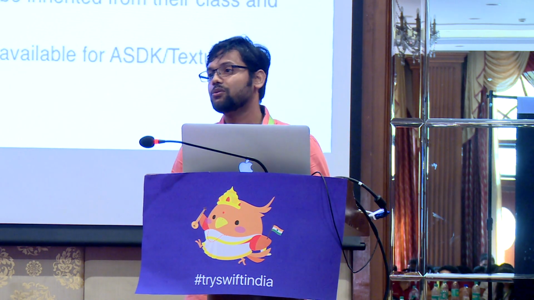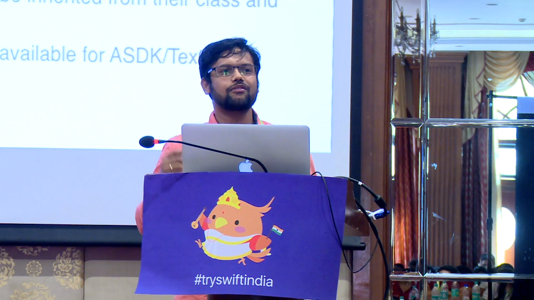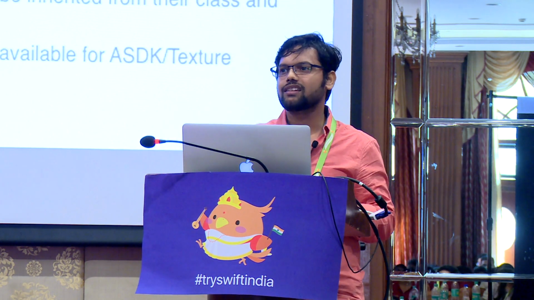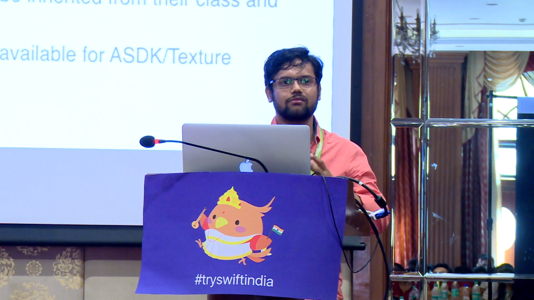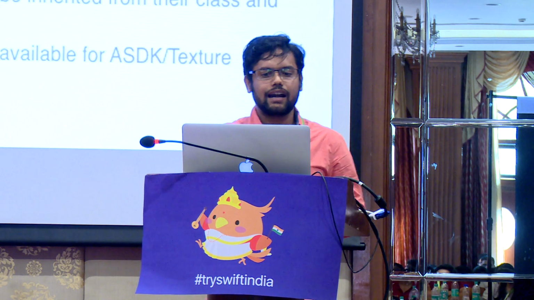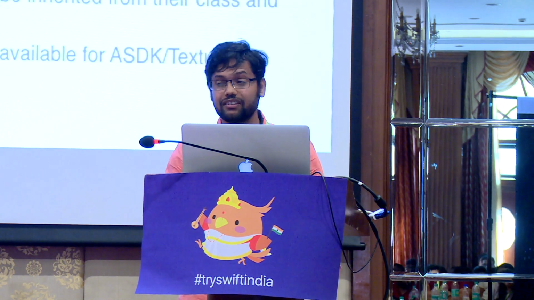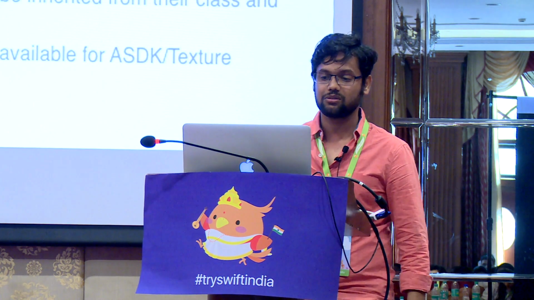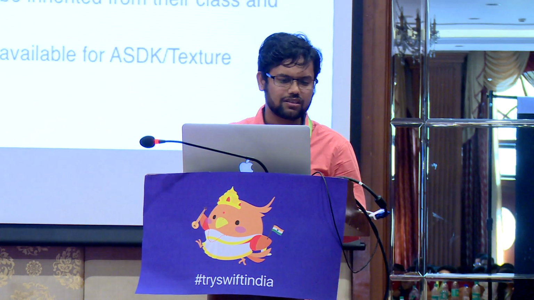Realm asks you to write your models in a very specific way. You have to have your variables marked as dynamic, and you have to inherit your models from their object. And unlike auto layouts, you don't have a very easy designer to go ahead and create your UI. So these are the kind of problems that we have.